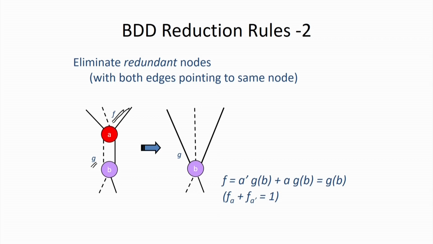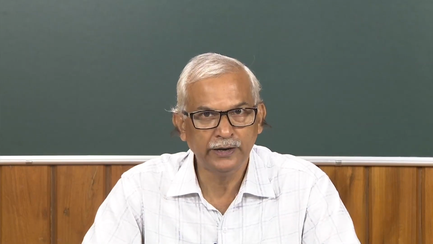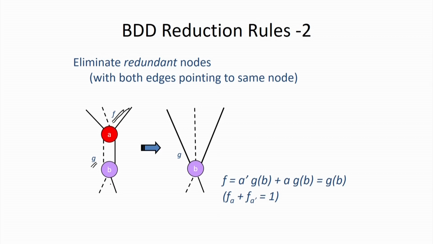That means the decision on A is redundant; the evaluation is independent of variable A. Since for both A equal to 0 and A equal to 1 we have the same function g, we may eliminate this redundant node. Checking the value of A is redundant at that point. This is the second rule.